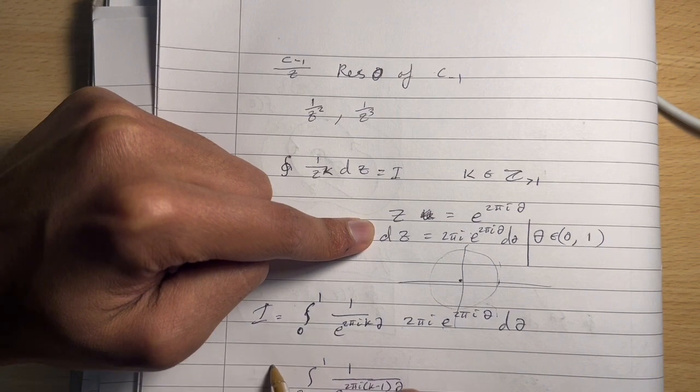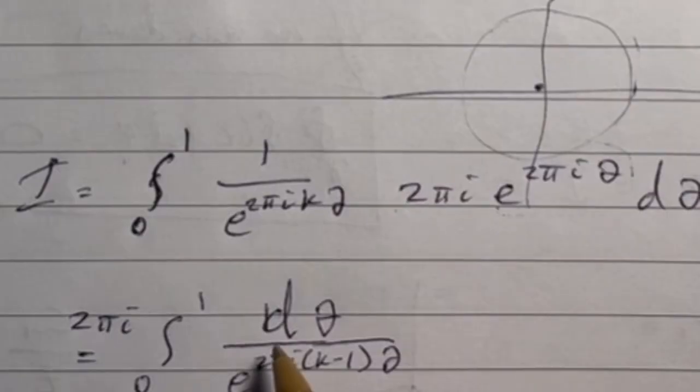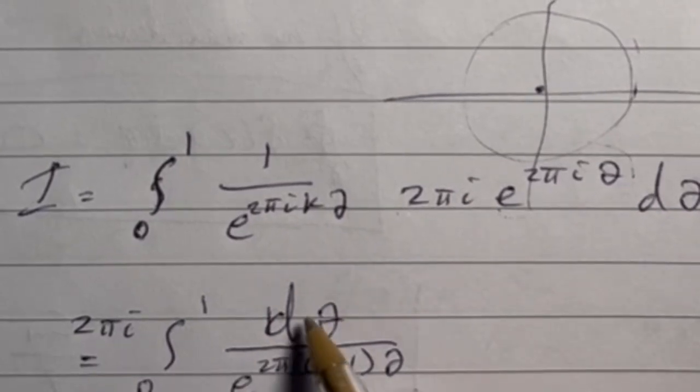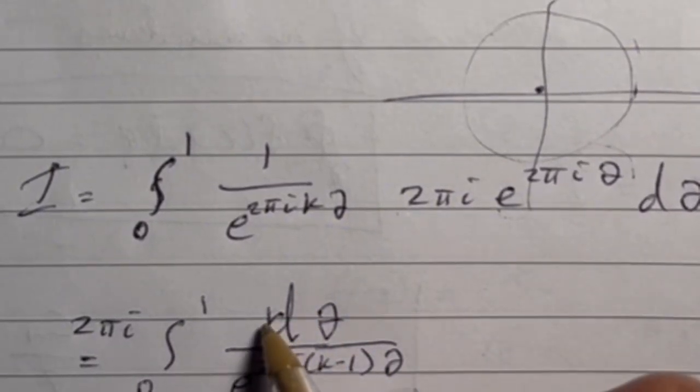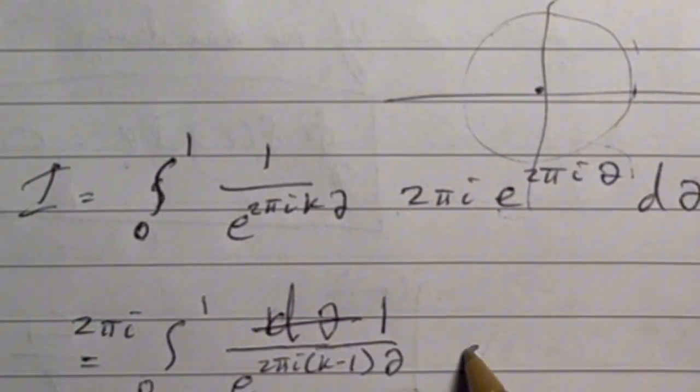We can actually bring the 2 pi i to the front, and we just have this d theta left over. I always find it a bit weird when people write d theta over here instead of like here, like it's a fraction or something, but yeah, let's just write it like here.